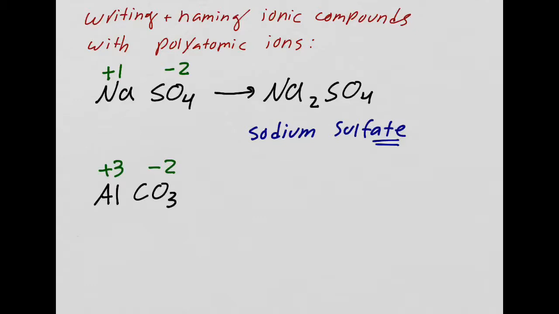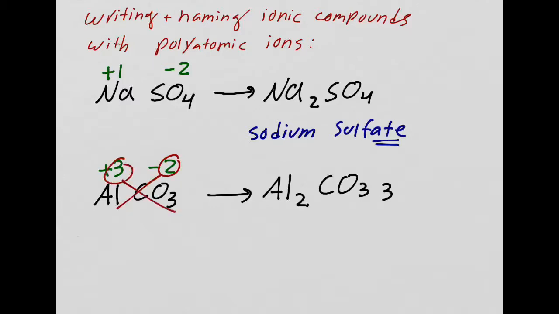Okay. Now what am I going to do? I'm going to cross multiply the charges, the same thing as before. So Al is going to get a 2 and CO3 is going to get a 3. Now, look over there.